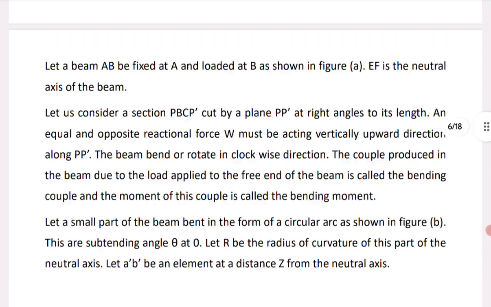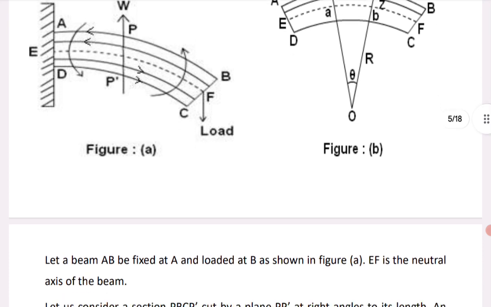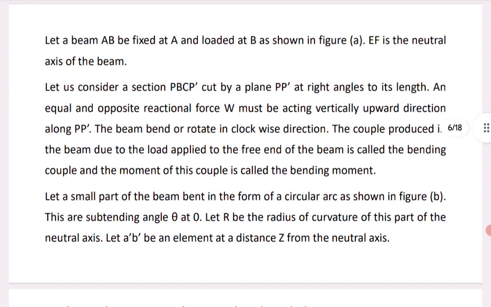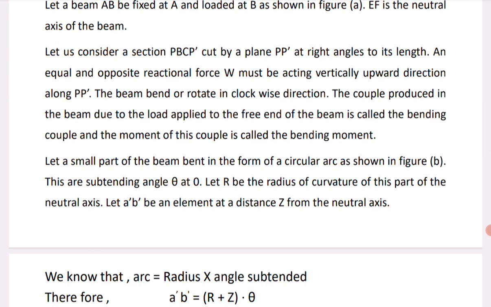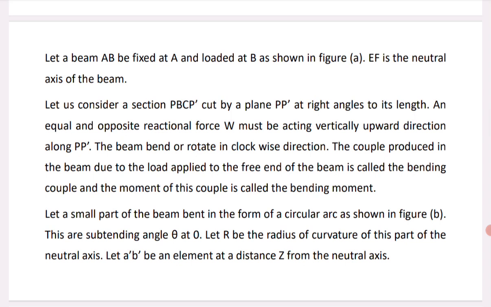So the beam bends or rotates in the clockwise direction. The couple produced in the beam due to the load applied to the free end of the beam is called the bending couple, and the moment of this couple is called the bending moment. We know that moment is the product of force and perpendicular distance.